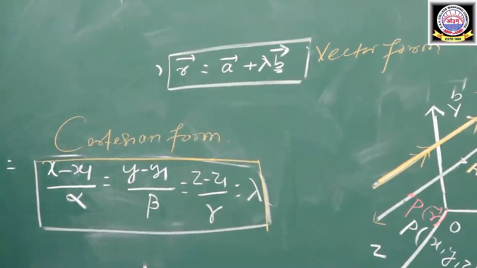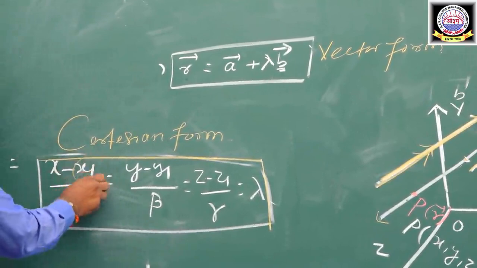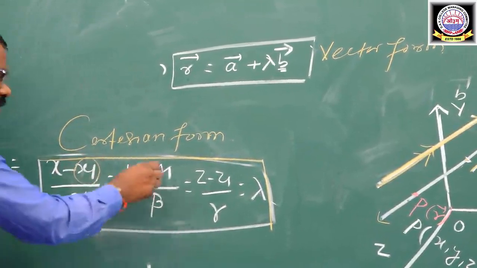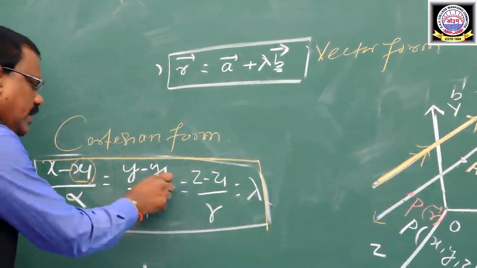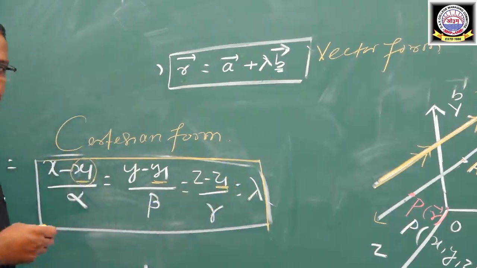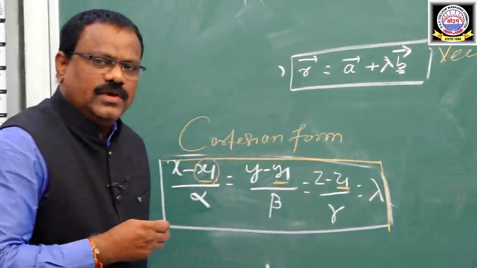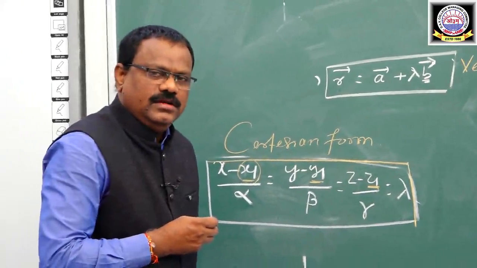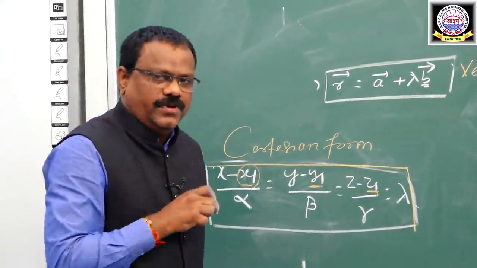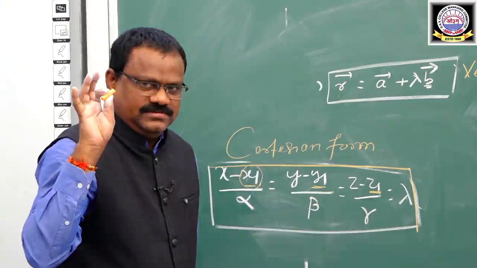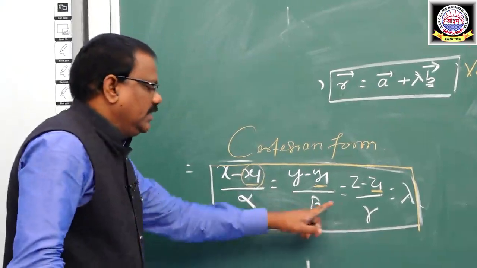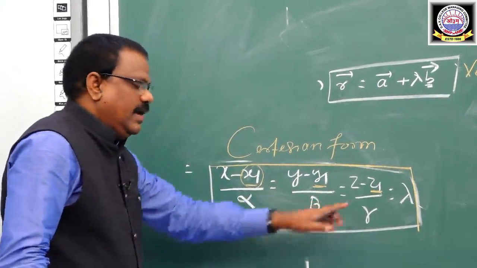Look here. X minus x1. x1, y1, z1 is the fixed point coordinate, the fixed point through which the line passes. And you see the denominator, alpha, beta, gamma.